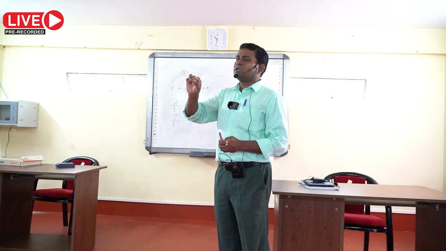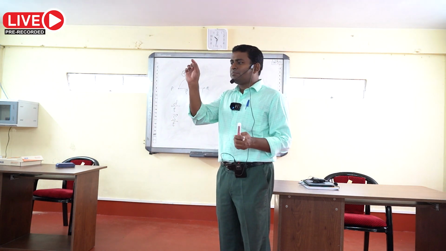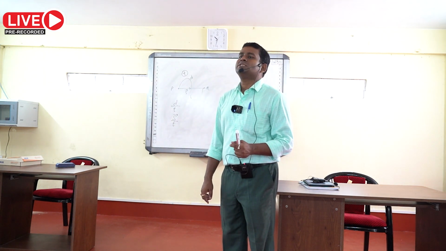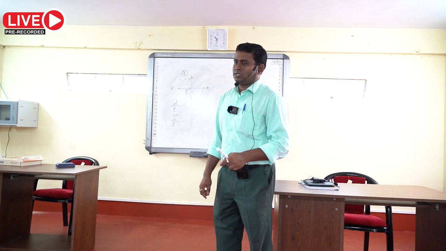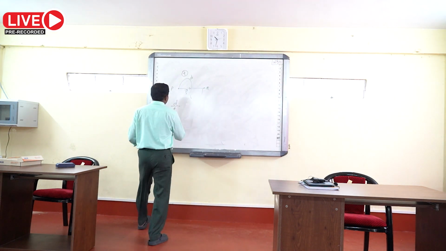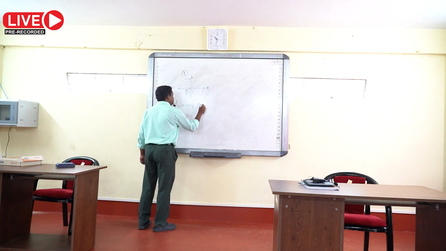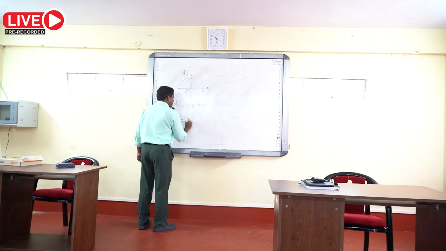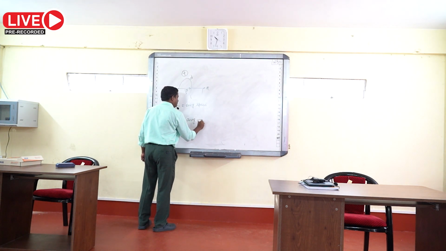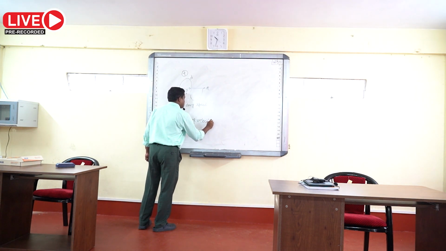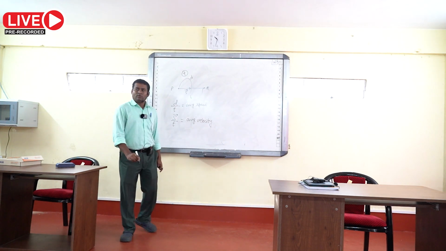Meanwhile, whatever be the speed of the particle at different points, you don't know, means you are calculating the average. So this is called average speed. This is called average velocity. Okay.